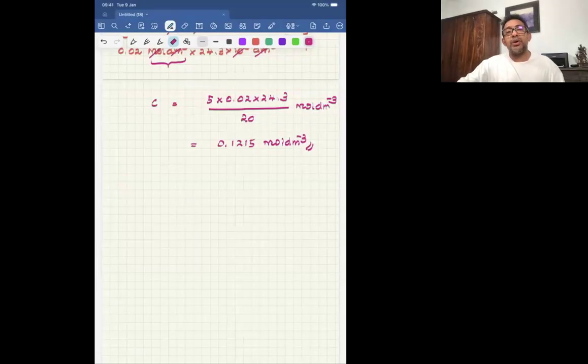How do you recognize the endpoint of the titration? Because you know potassium permanganate acts as a self-indicator. Whenever you add potassium permanganate, the solution becomes colorless. And then when all the Fe plus 2 is over, the next drop of potassium permanganate that you add gives you a permanent pink color.